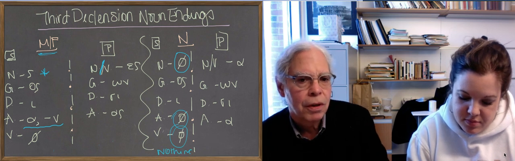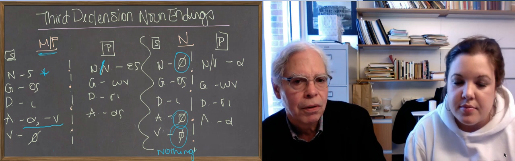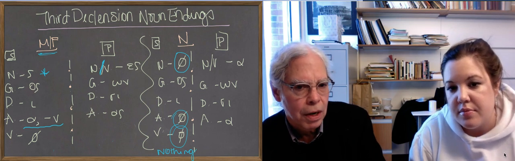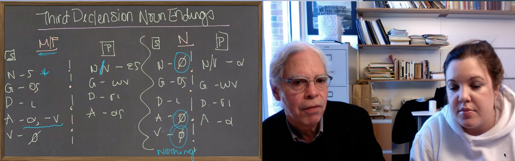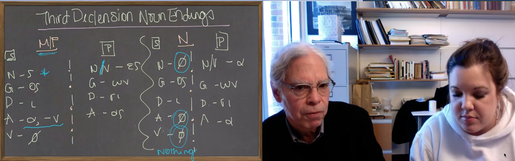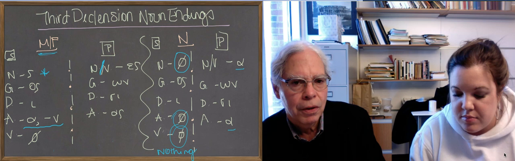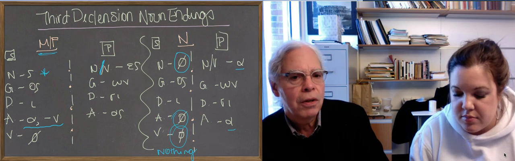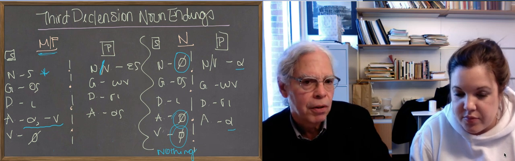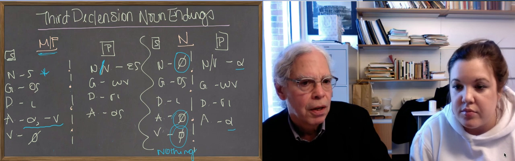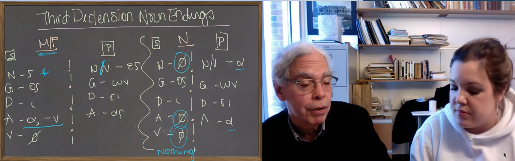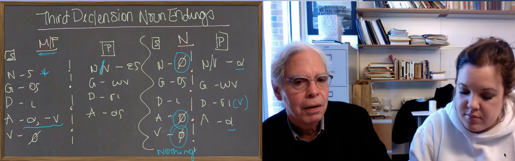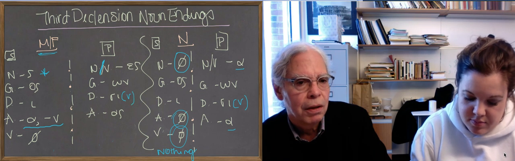Otherwise, the endings are like the neuter nouns of the second declension, that is, they're alpha in the nominative, accusative, and vocative plural, and then the genitive is on, and again, the dative plural is si, as for the masculine and feminines. That si can have a movable nu after it. We should put that up there. So it can be sin in some cases.